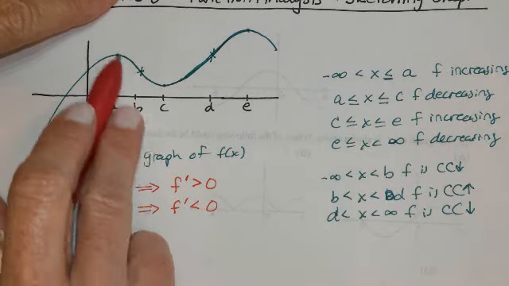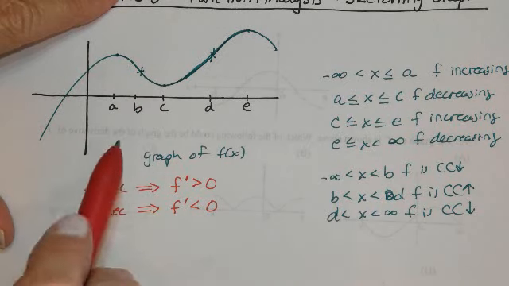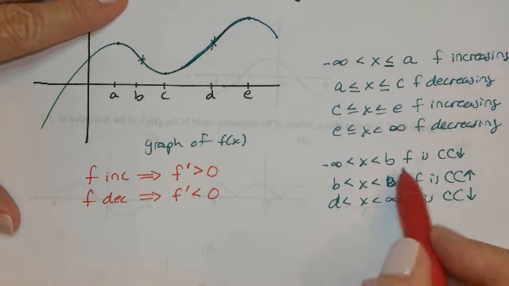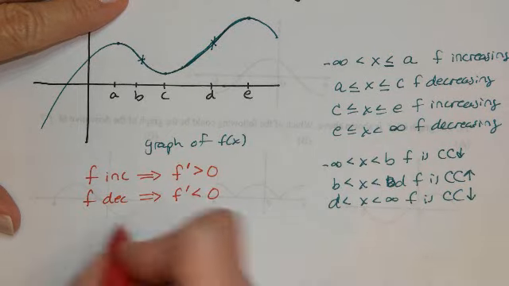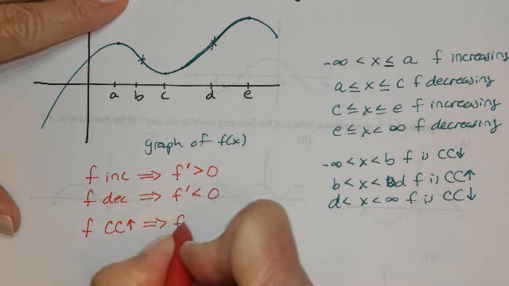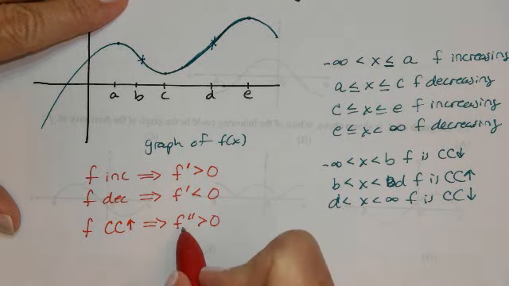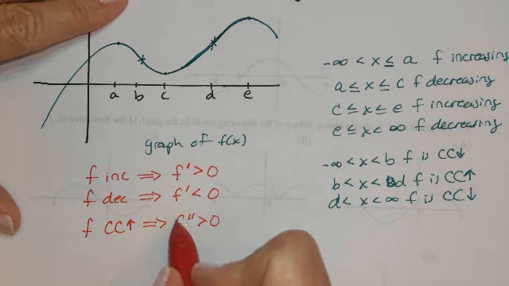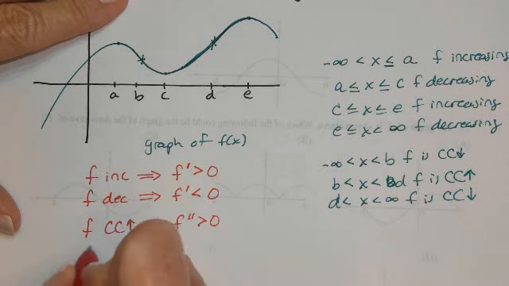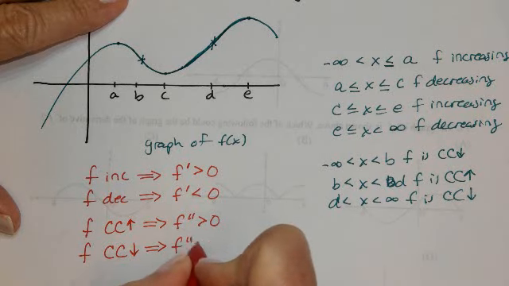And for decreasing, the derivative would be negative because the slope of the curve is negative. For concavity, we're talking about the second derivative. When f is concave up, we know that f double prime is positive. The slope of the tangent line is increasing there. And for f being concave down, we know that f double prime is negative.